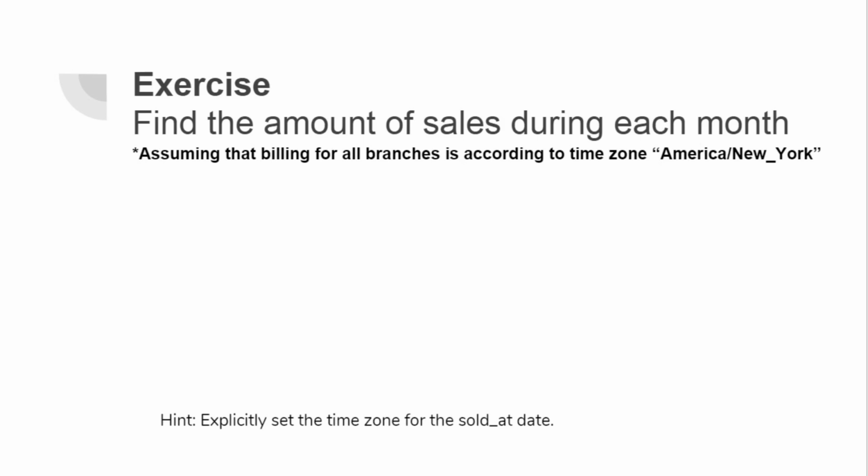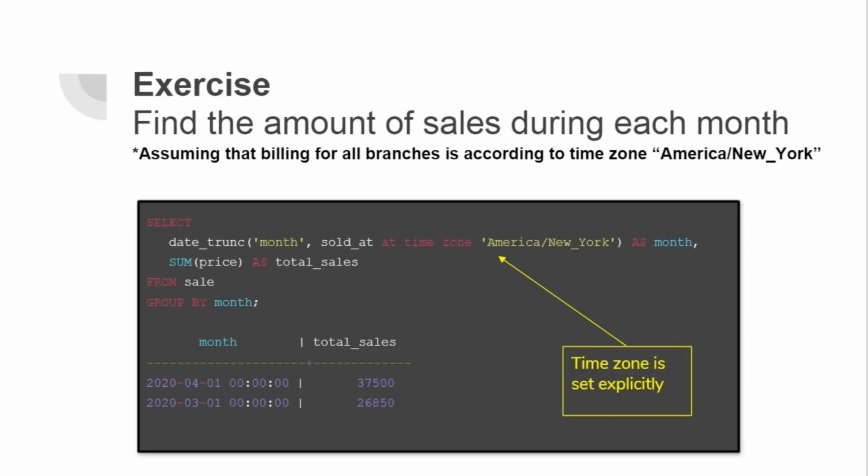Hopefully you got some results. So we wanted to find the amount of sales during each month according to New York time. So before, we got some conflicting results, and we found that the best way to work with time zones is to explicitly set the time zone. So the problem before was that we used date trunc to remove the time part from the sale date, but we didn't specify the time zone we want to work in.